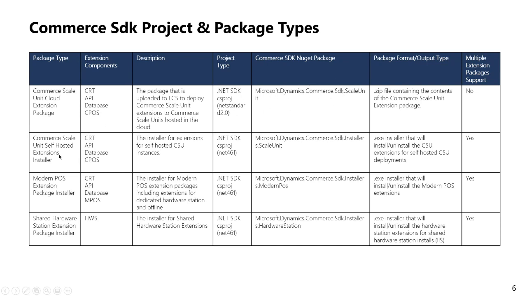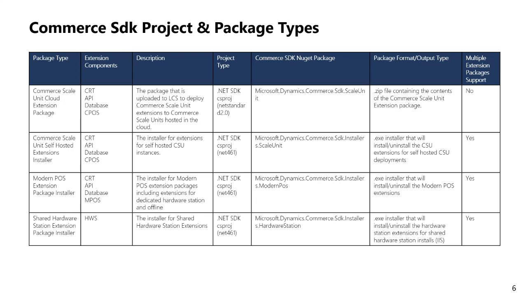Then the rest are all on-prem. The same cloud scale unit, based on your deployment topology. You say, I don't want to use cloud, I'm going to set up everything locally. Then you will generate the self-hosted package, basically the installer, which again contains the same components and can be installed locally. This component supports multiple installers.